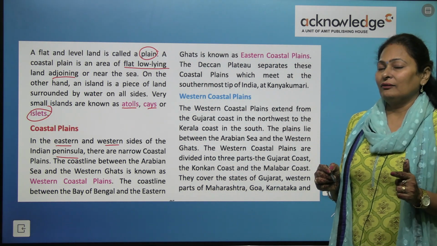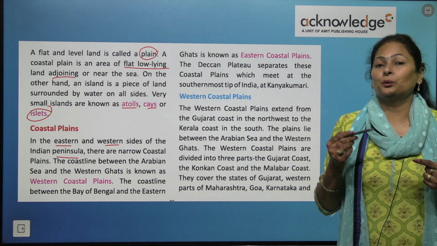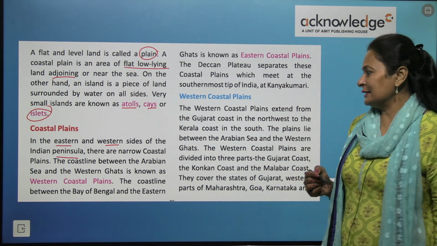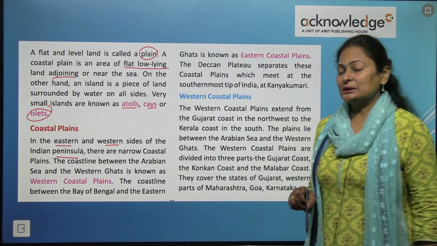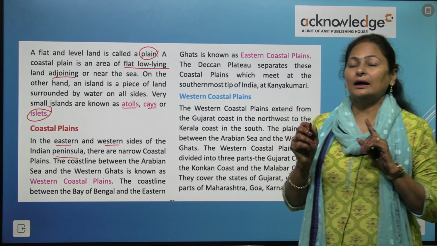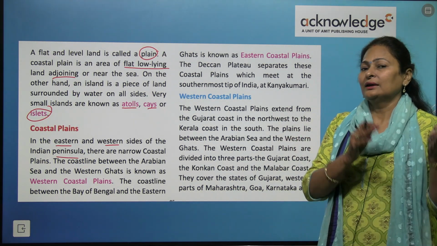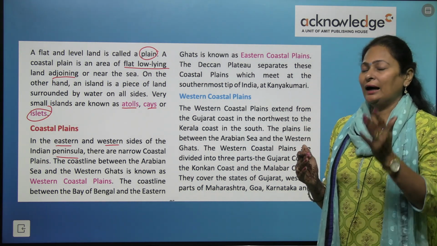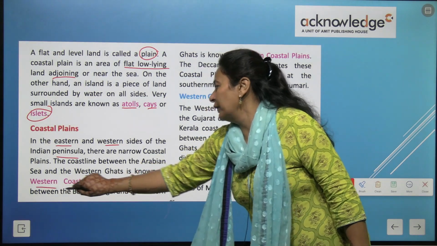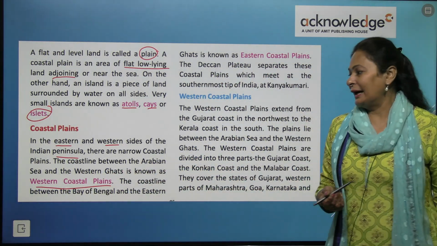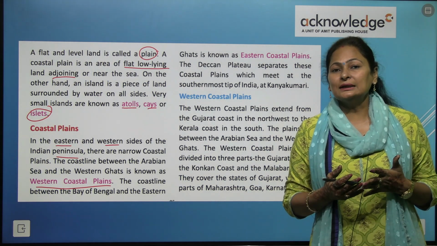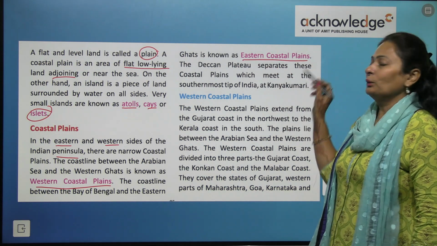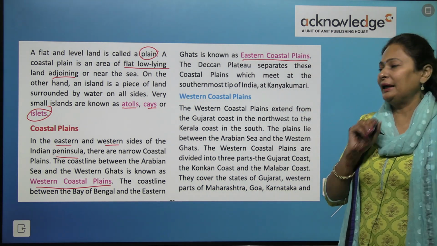When we did the southern plateau chapter, we learned about the Eastern and Western Ghats, right? So there are narrow coastal plains. The coastline between the Arabian Sea and the Western Ghats is known as the Western Coastal Plains, and the coastline between the Bay of Bengal and the Eastern Ghats is known as the Eastern Coastal Plains, right?